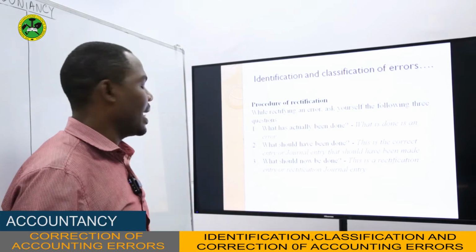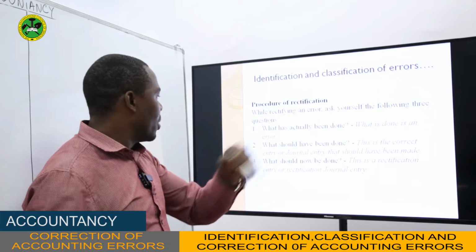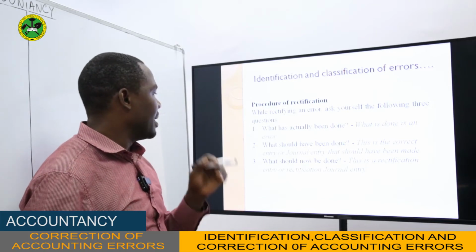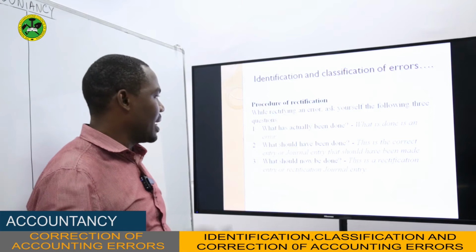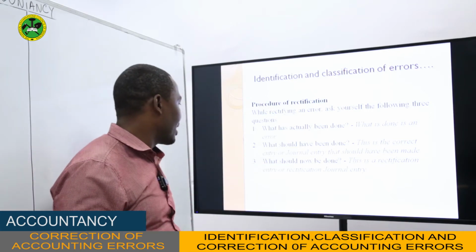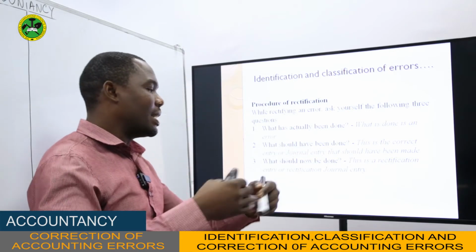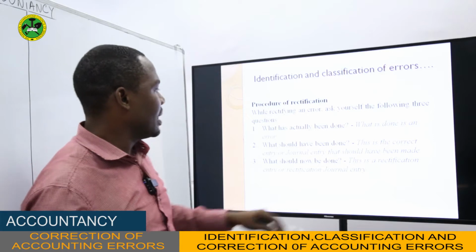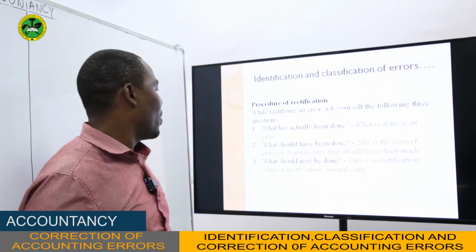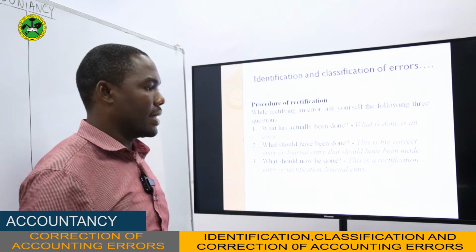This is the error. You need to know what the real error was. Secondly, you need to ask yourself: what should have been done? How was it supposed to be done? This is the correct entry, or the journal entry that should have been made in the books.